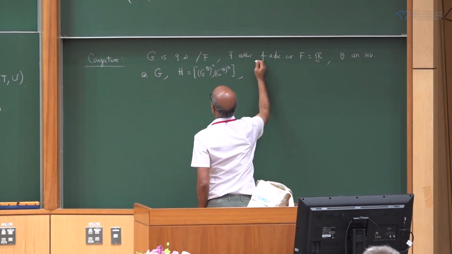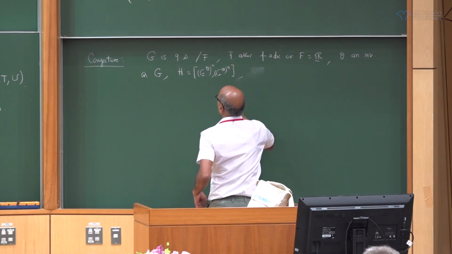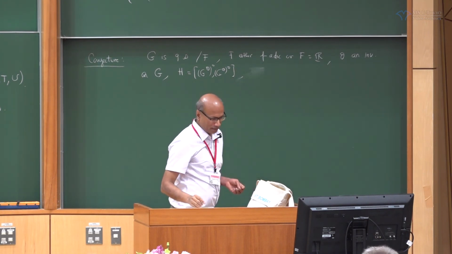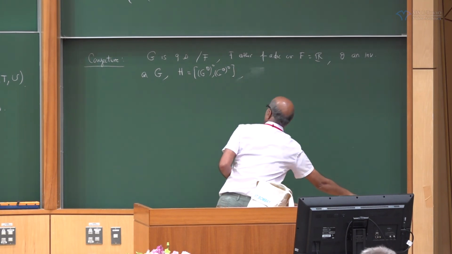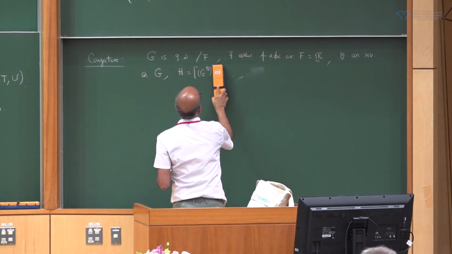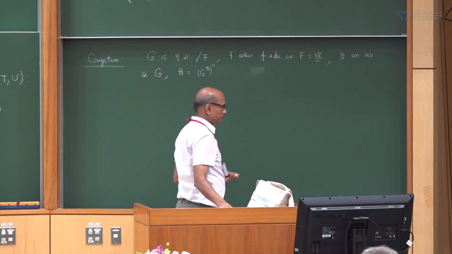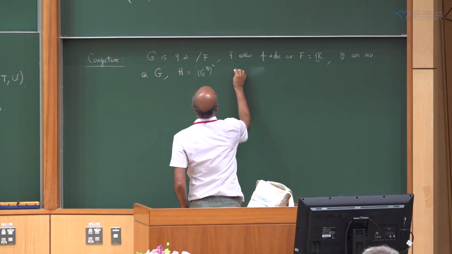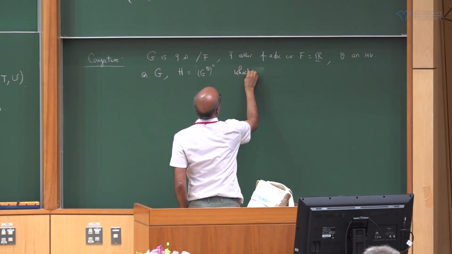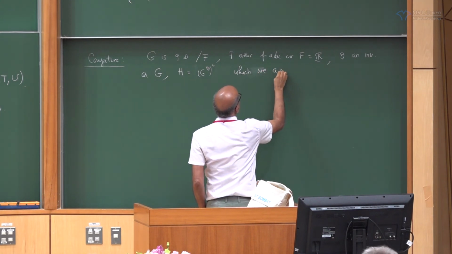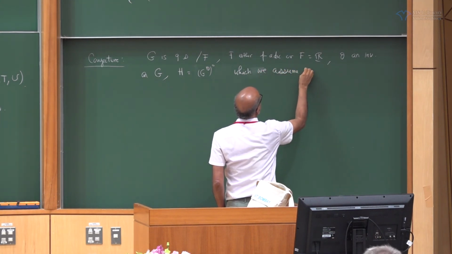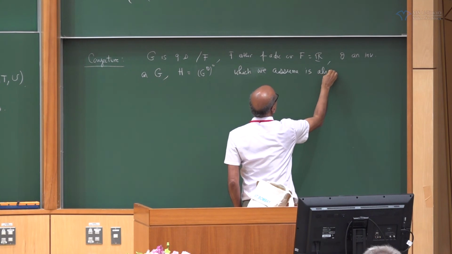Then now I take H to be G theta naught, which we have shown is also quasi-split.